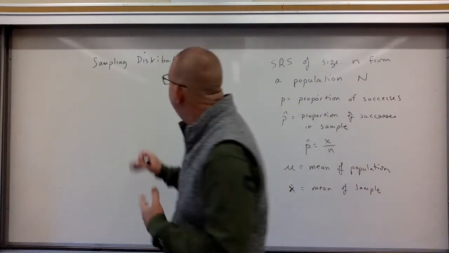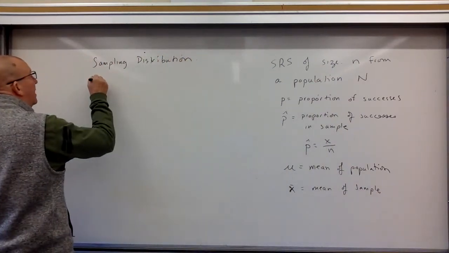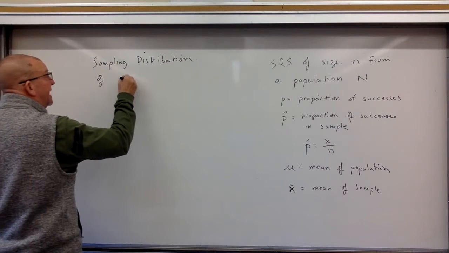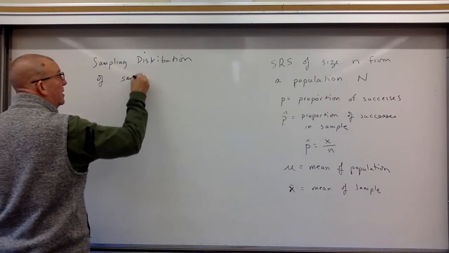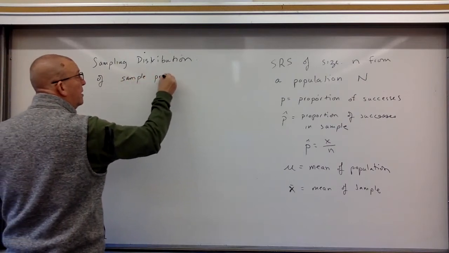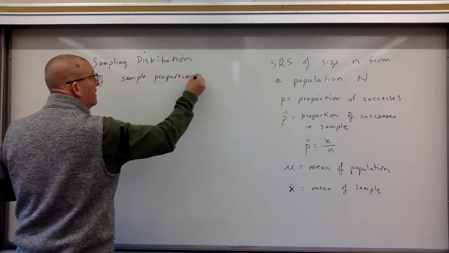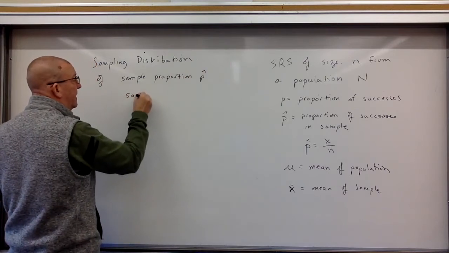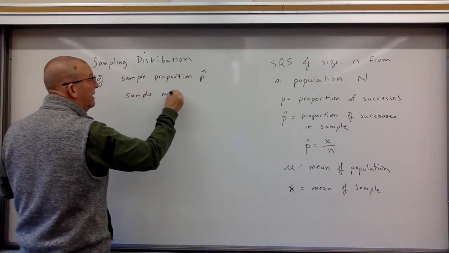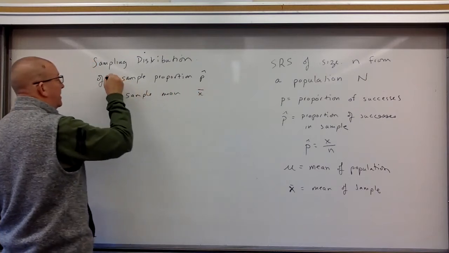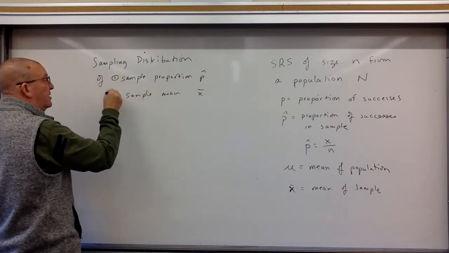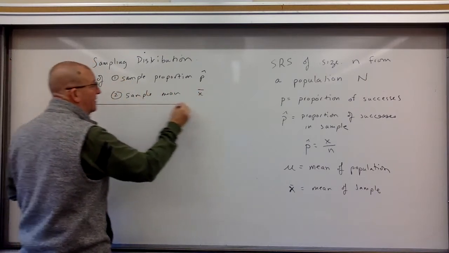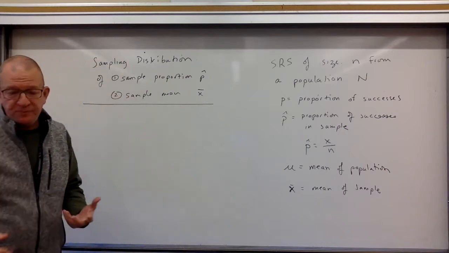And so what we do is we're going to spend time talking about how all of that distribution varies. So this is the sampling distribution of the sample proportion, P hat, or the sample mean, X bar. So 1, 2. This is our life, okay?